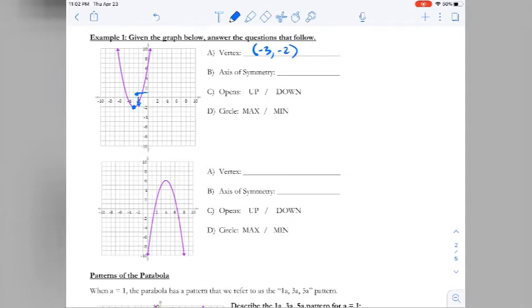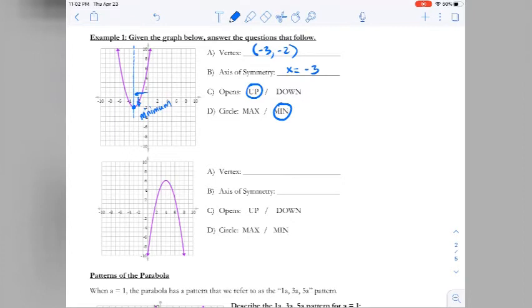So our vertex is at -3, -2. Because the graph opens up, that means our vertex is at the lowest point, or a minimum value, and it opens up. And then our axis of symmetry, again, is always a vertical line through our vertex. So in this case, x equals -3.